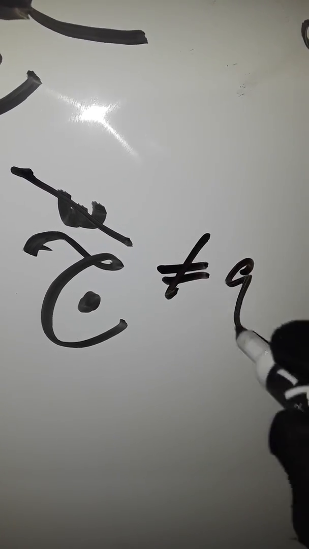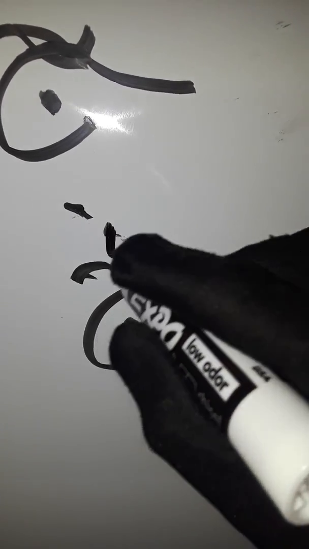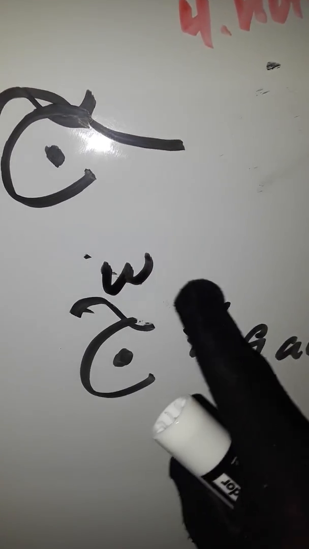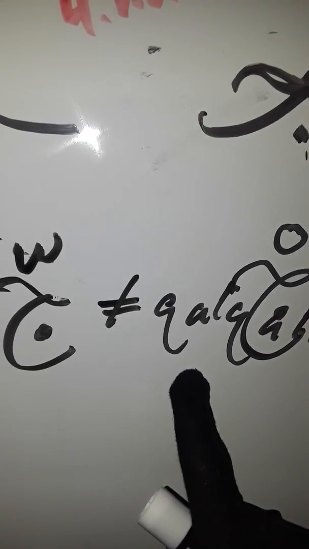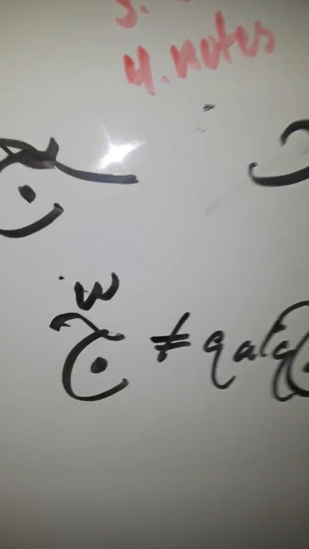So I should write, has no qalqala. But anyway, you get the point. I'm sorry, I'm so tired. So if it has shadda, it does not have qalqala. Sorry, it's a little messy.